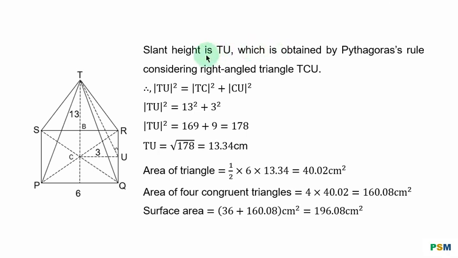Slant height is TU, which is obtained by Pythagoras rule, considering right-angled triangle TCU. TU is the hypotenuse. So square on the hypotenuse is equal to sum of squares on the other two sides.